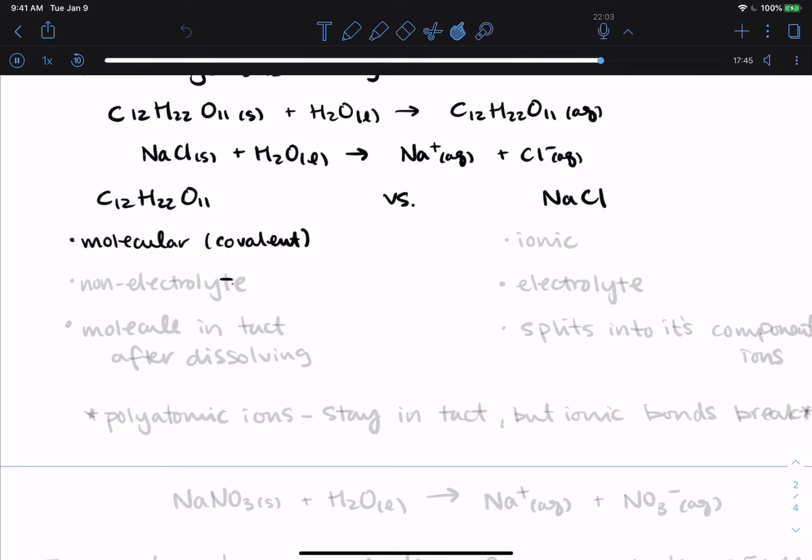The sodium chloride is an ionic compound, so it has ionic bonds. The sugar, because it's a molecular compound with these covalent bonds, it doesn't split up when it goes into solution. We call this a non-electrolyte. The sodium chloride is an electrolyte.